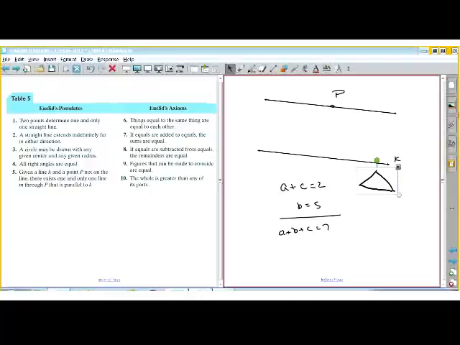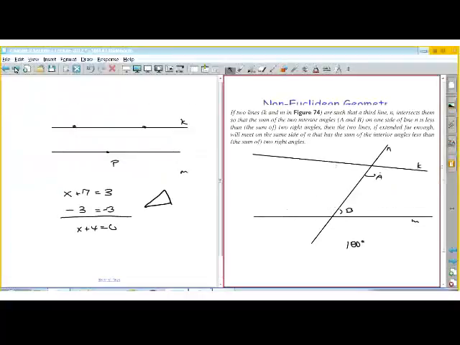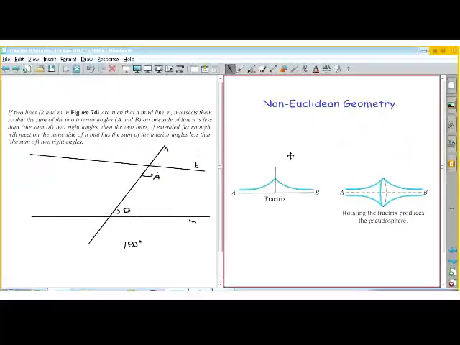So all of those things we learned in geometry apply to flat surfaces, or probably also to three-dimensional surfaces where 2 dimensions are perpendicular to each other, and the third dimension is perpendicular to the other 2 directions. So all of those things apply to that. But there are other kinds of geometries that are used. So let me just give you an example.